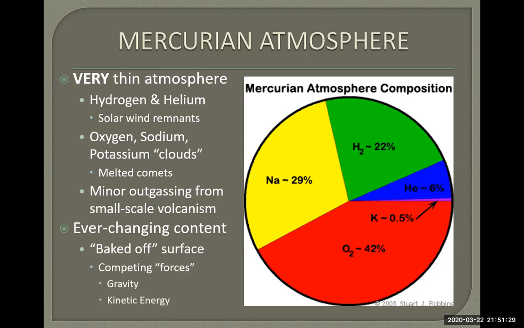So gravity pulls downward. Kinetic energy, aka the temperature of the atmosphere, wants it to bloat away from the surface. And it turns out that some of these molecules over time escape because kinetic energy is greater than gravity, so escape velocity is reached, and they escape from the weak gravity of Mercury, changing its composition in a noticeable way.